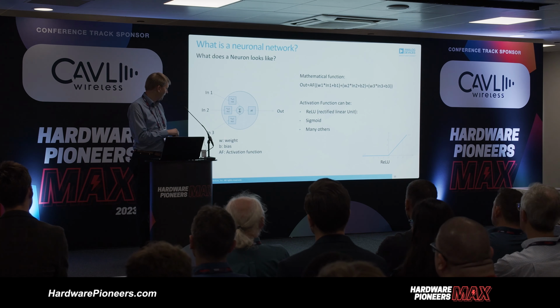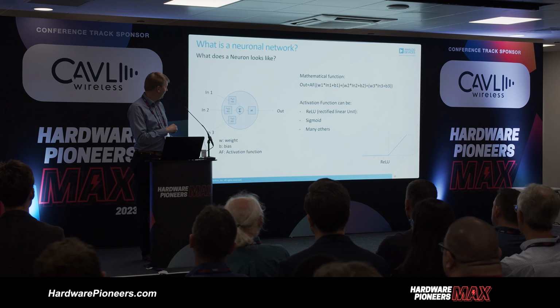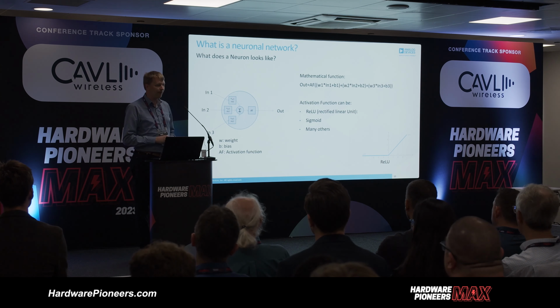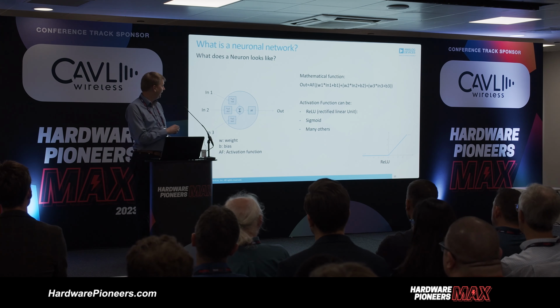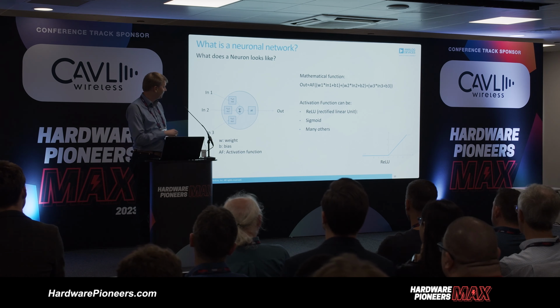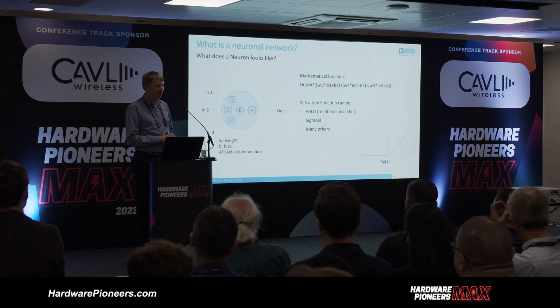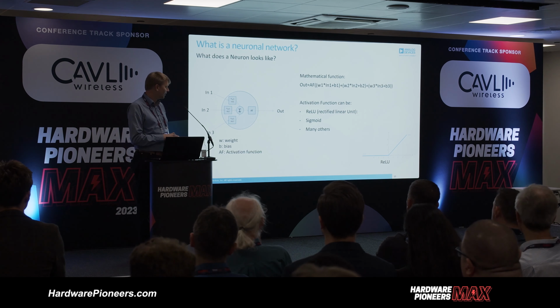So we do have boxes in that neuron with weights and biases, and literally the input is multiplied with the weight, the biases are added to that value, and the intermediate values are just summed up. So that's the internals of a neuron.